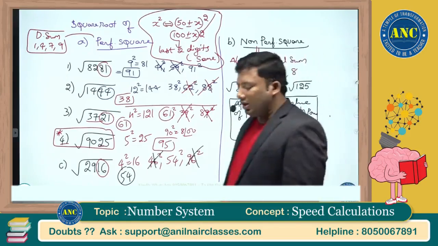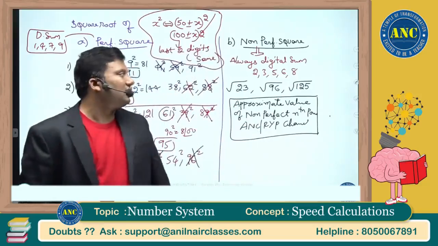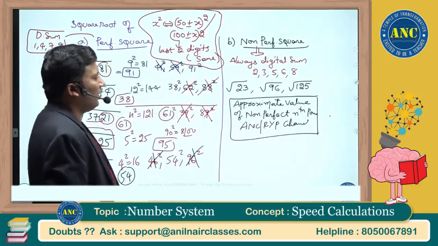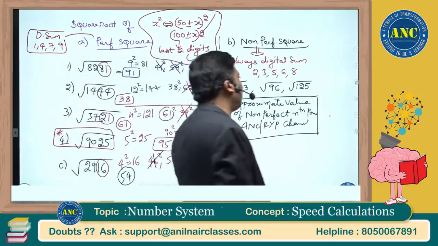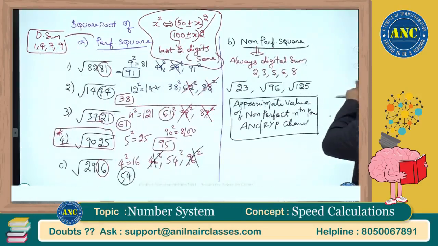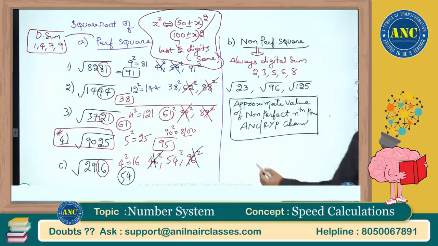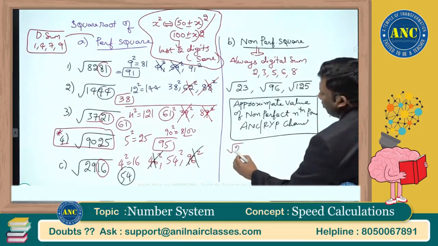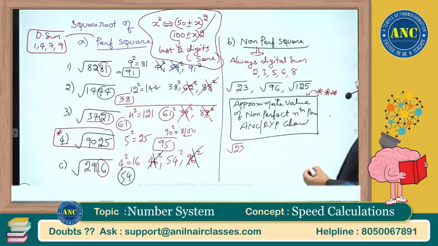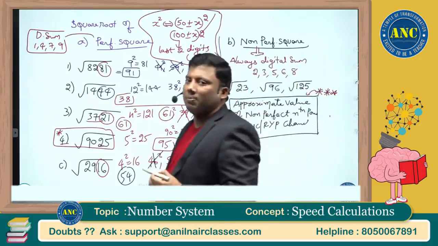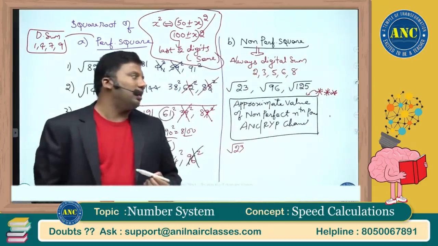Square root of 23, square root of 96 and square root of 125. It is a very simple logic. Whenever you are going through this video, please pause it here, go back and check it on the ANC channel or the RYP channel, learn the concept and come back.